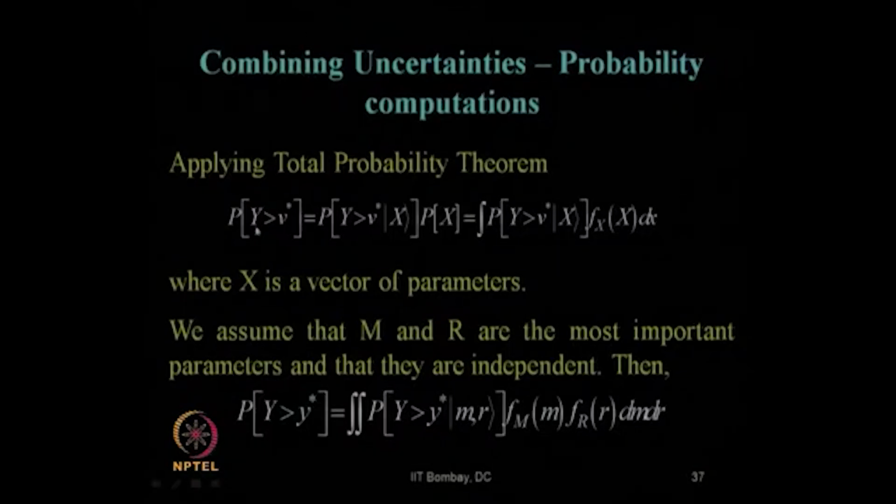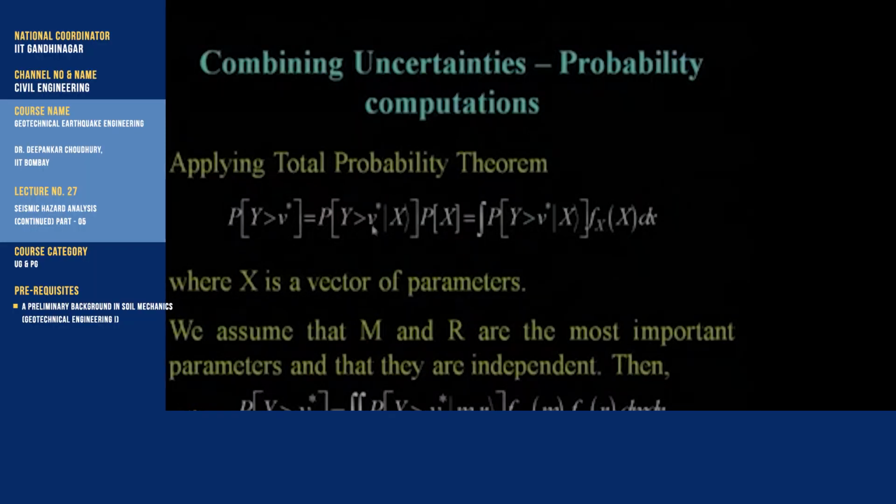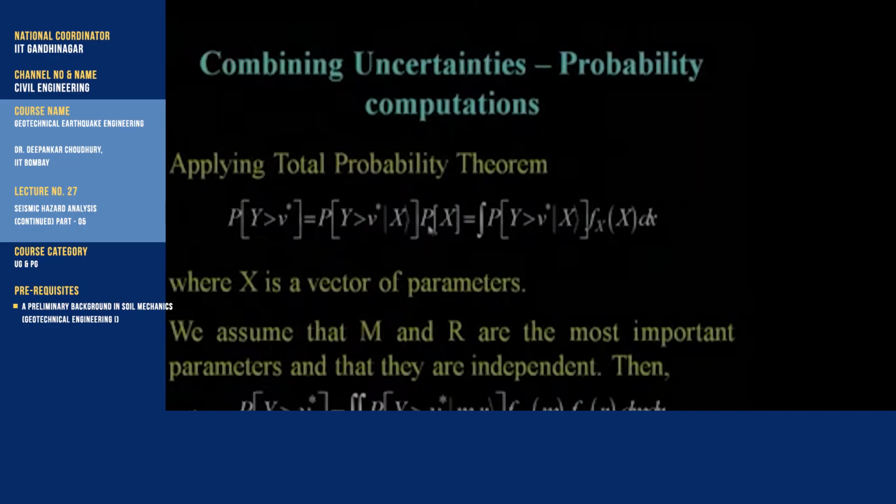So, applying this total probability theorem, what can we write? The probability of occurrence of any y, that hazard parameter which we are going to compute, greater than some value, say mu star, will be given by probability of occurrence of y greater than mu star for a given x, multiplied with probability of occurrence of that event x for entire ranges of x.